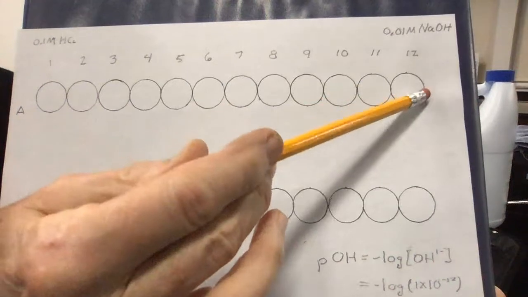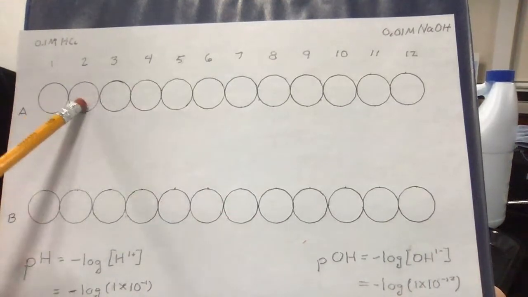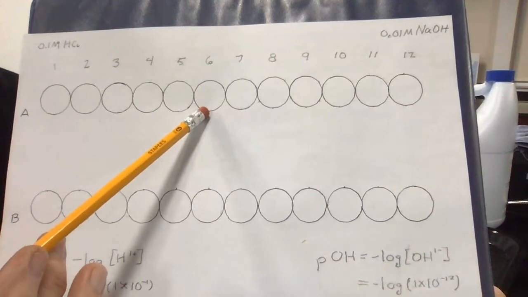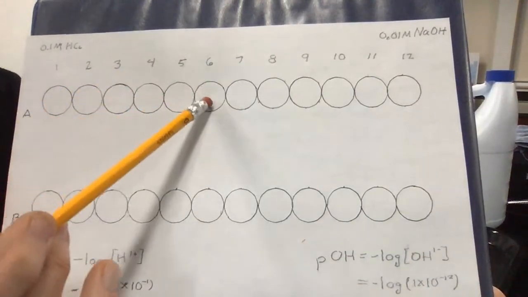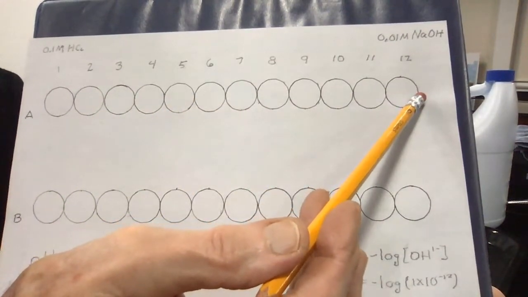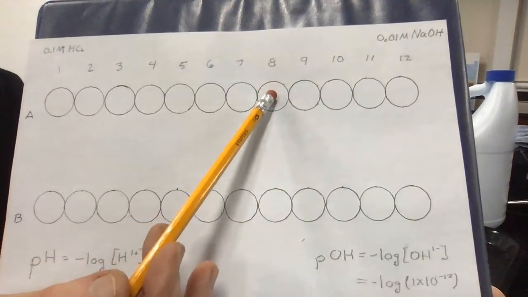Over on the far right, I've put 1/100th molar sodium hydroxide, and I've diluted them in sequence, what we call the serial dilution. So I've gone from this well all the way over here to well 6, and then over here, starting with well 12, I've gone backwards and diluted this way to well 8.